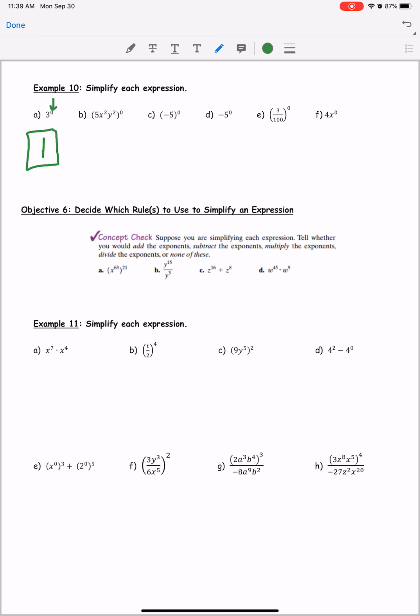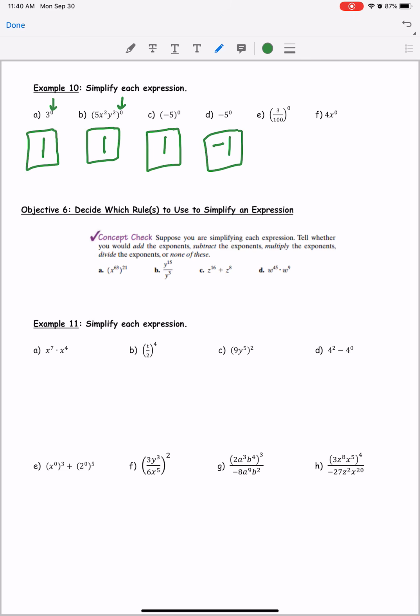Same thing on B. You've got all of this junk right here. 5x squared, y squared. All to the what power? 0 power, 1. C, negative 5 in parentheses to the 0 power, it is 1. D, however, is negative 1.